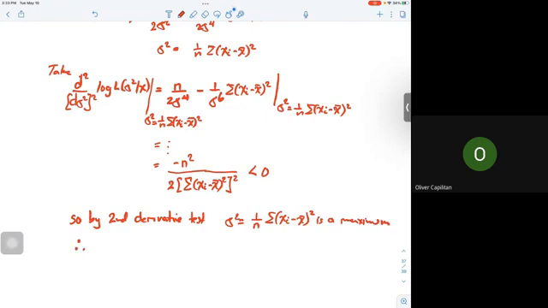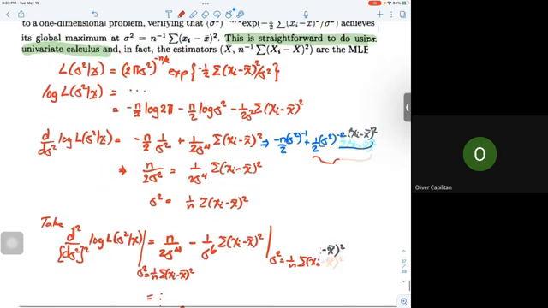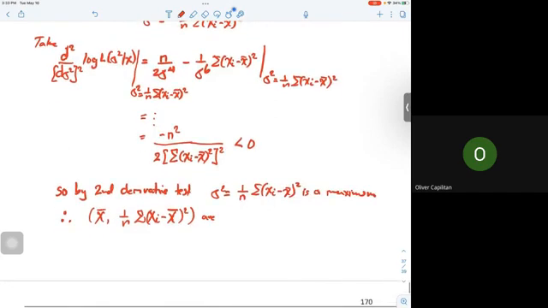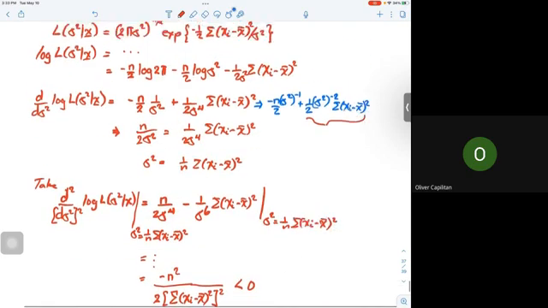Therefore, the x bar and 1 over n, the summation of x i minus x bar quantity squared, are the maximum likelihood estimators of theta and sigma square.